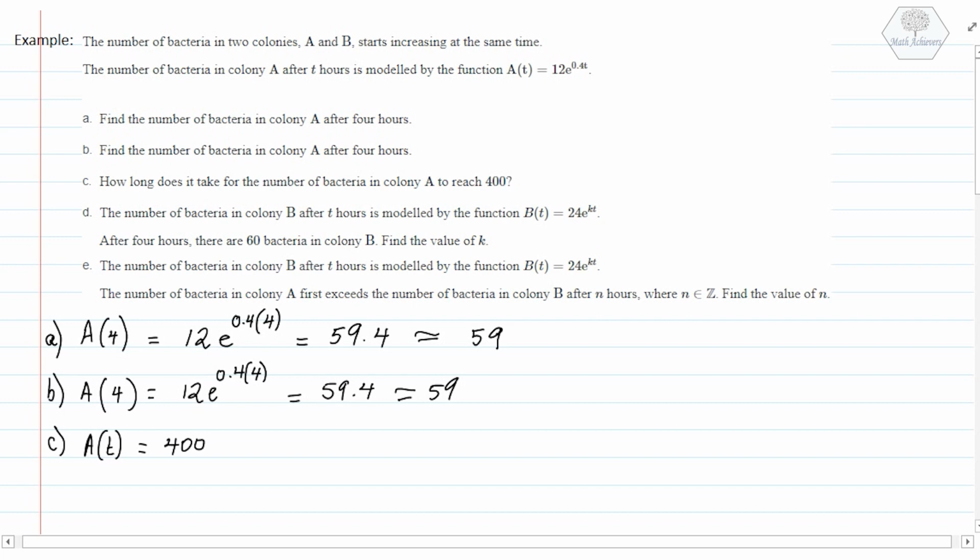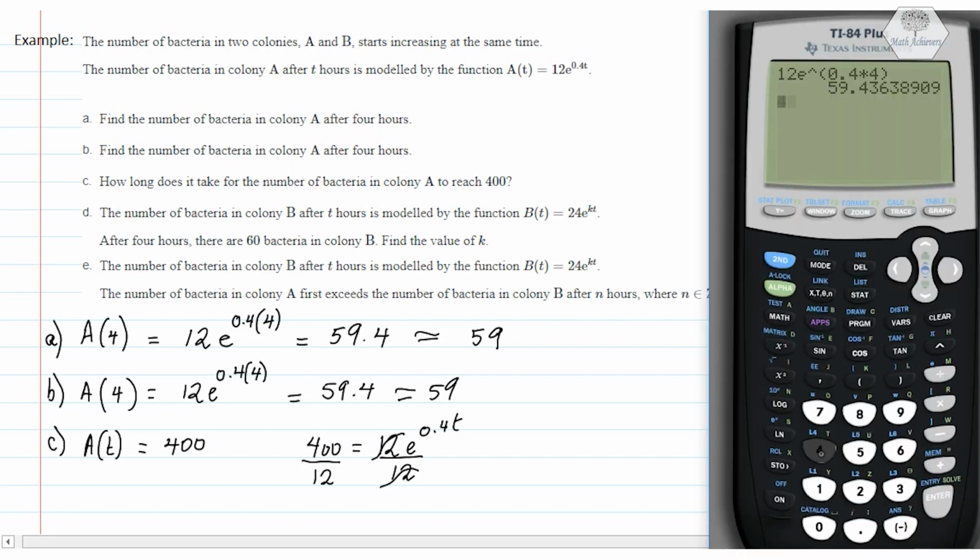So we'll say that 400 is equal to 12 e to the power of 0.4t, divide over 12 over 12. This will cross out. 400 over 12 is equal to 33.3. We can keep it as 400 over 12.